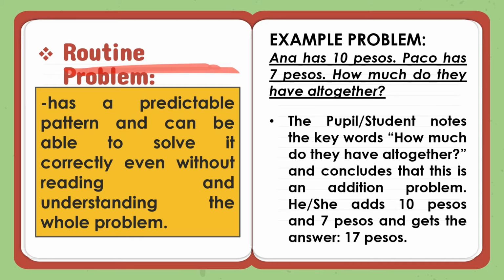For example, Anna has 10 pesos, Paco has 7 pesos. How much do they have altogether? So the student notes the keywords how much do they have altogether and concludes that this is an addition problem. He or she adds 10 pesos and 7 pesos and gets the answer 17 pesos. This is a routine problem.